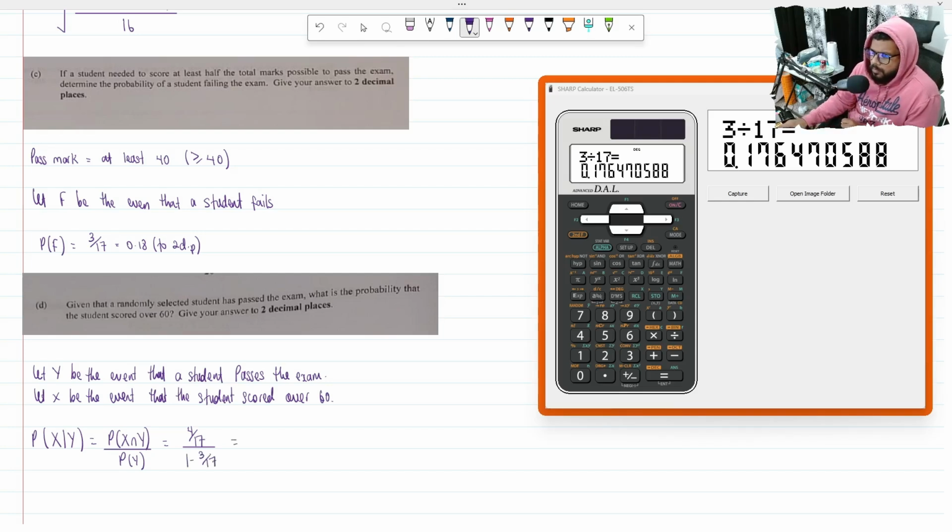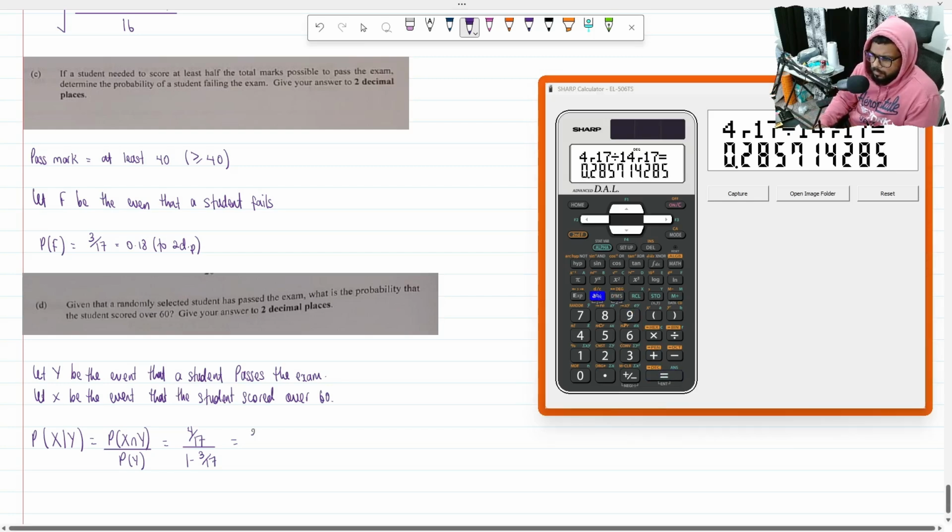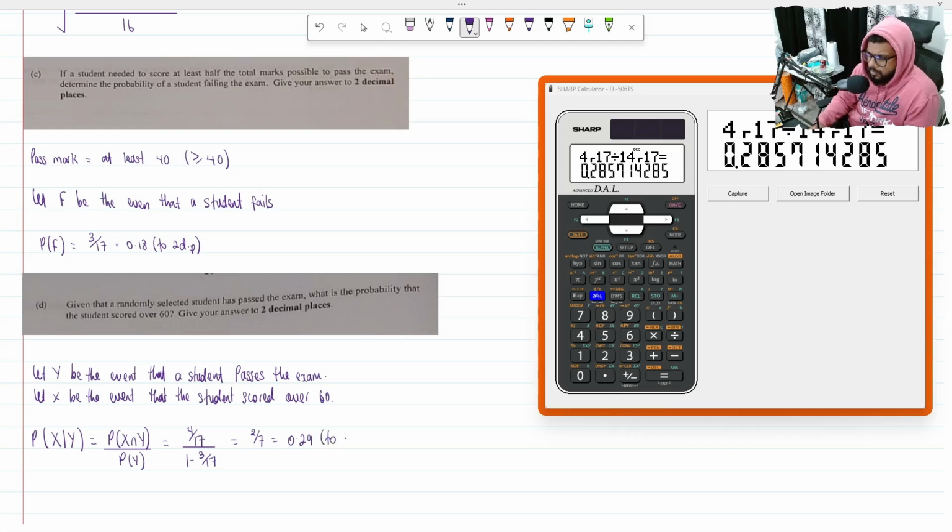So we get 4 over 17 divided by 14 over 17, which is 2 over 7. That is 0.29 to 2 decimal places.